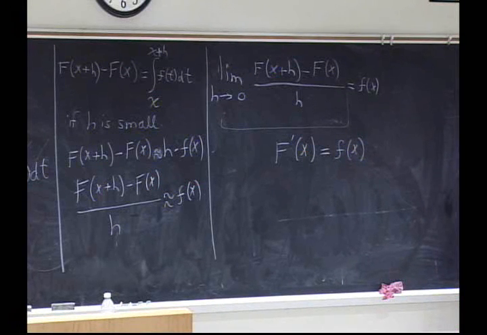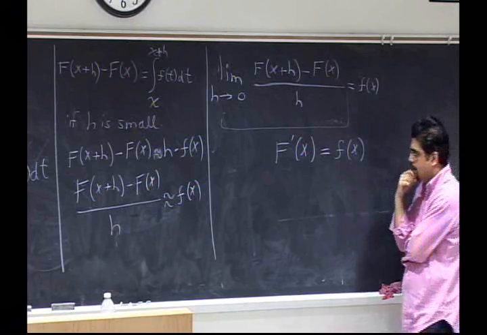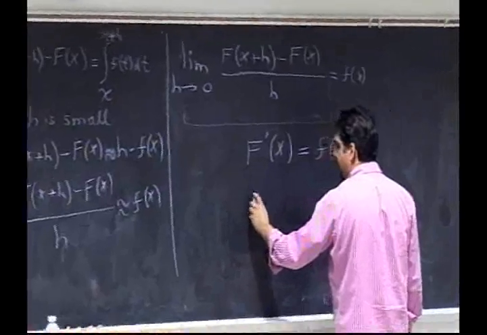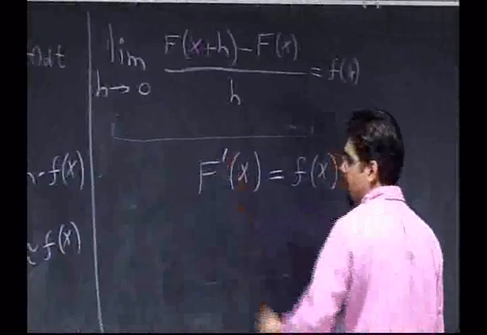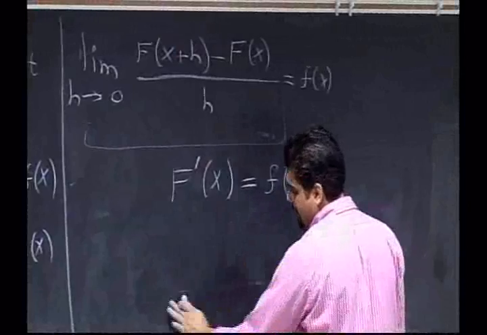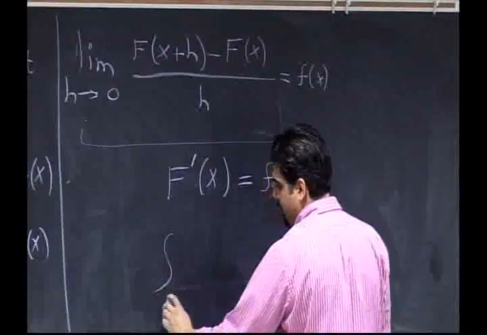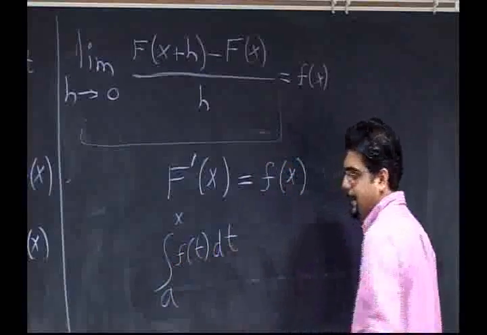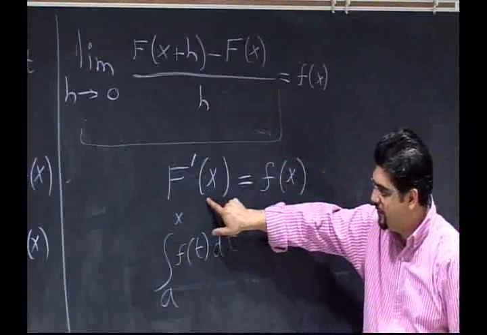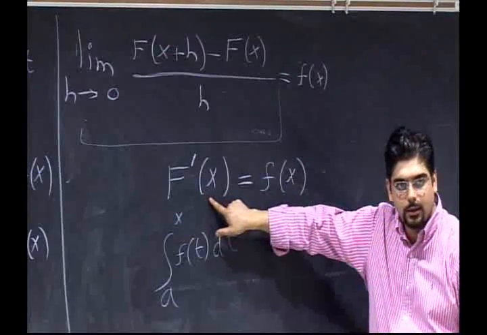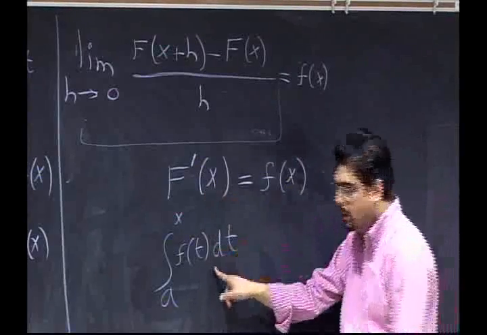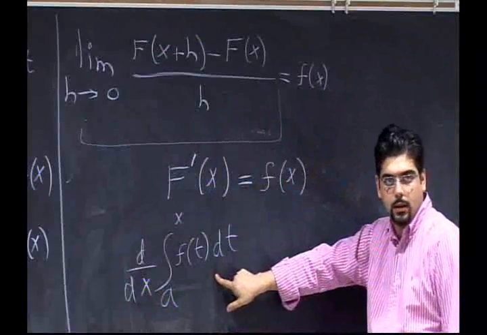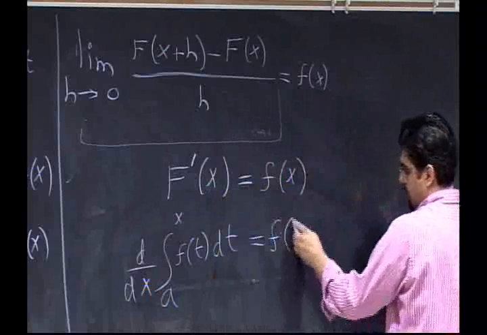Remember what capital F was. What was capital F? The definition of capital F in this example was the integral from a to x of small f of t dt. And I want to write the derivative of this, so the derivative of this is equal to little f of x.